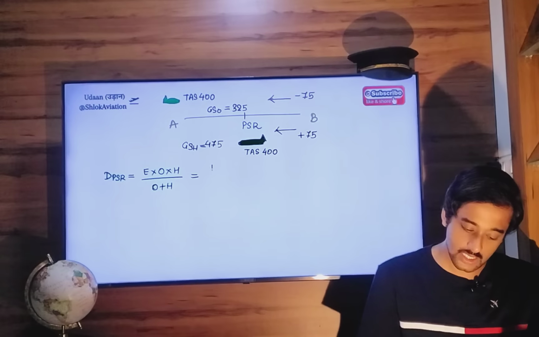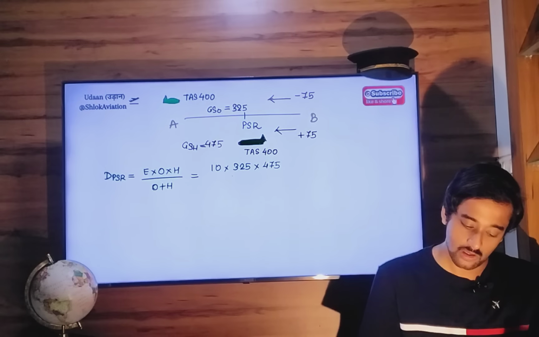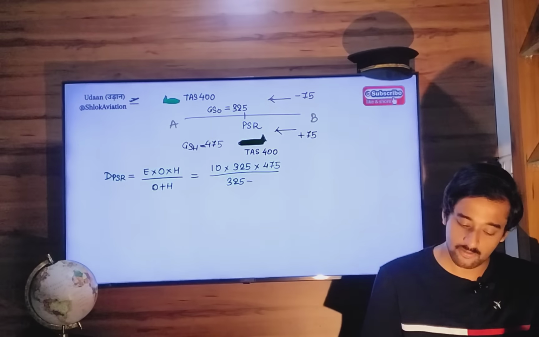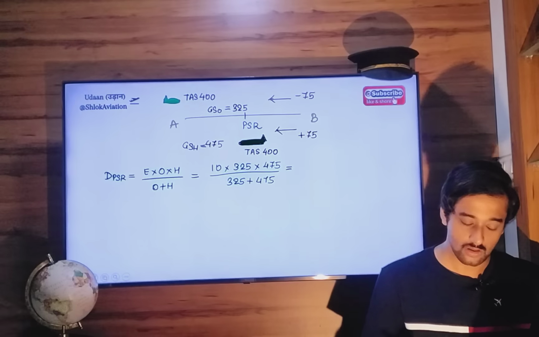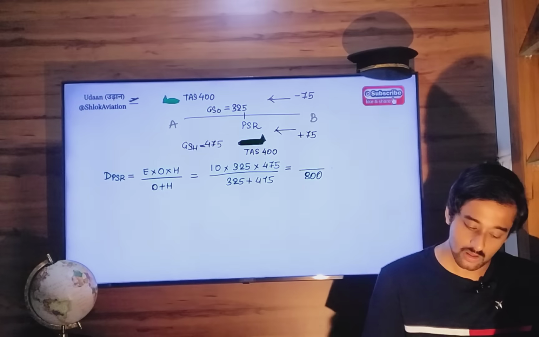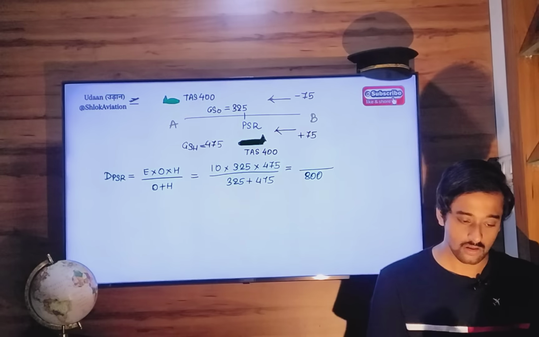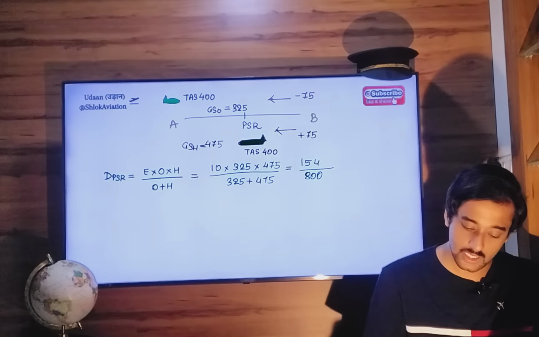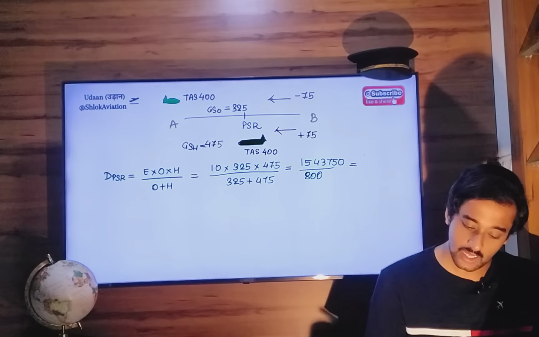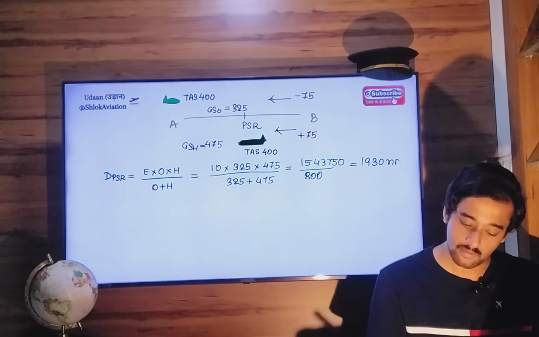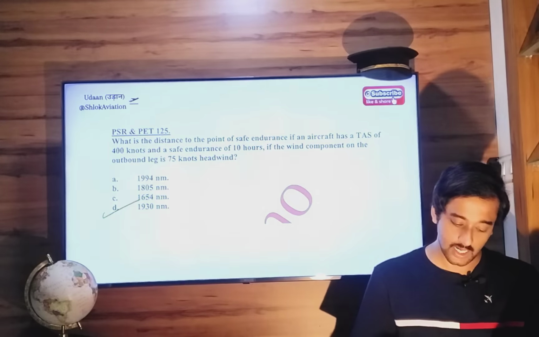So 10 hours into 325 into 475 divided by 325 plus 475. 1,543,750. So that is 1930 nautical miles. So delta is the correct answer.